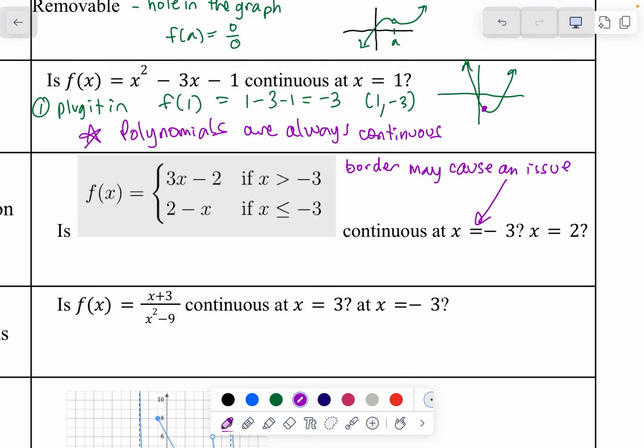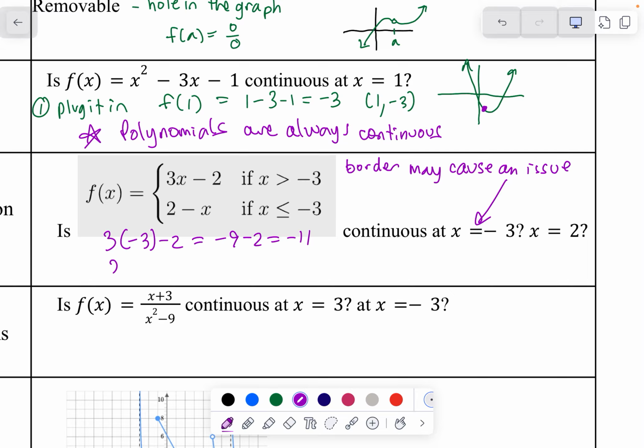Well, if I plug -3 into the top, and it's not supposed to be there, but I just need to know, is it connected? So 3 times -3 minus 2. If I plug it into the top function, I get -9 minus 2, or -11. So if my math bug is walking toward -3, to the right of -3, he is at a height of -11. Now let's see what happens on the other side.